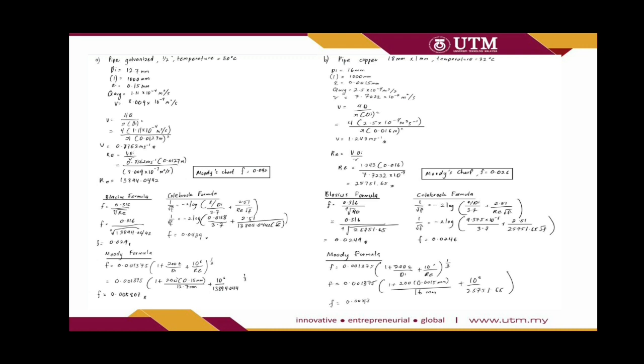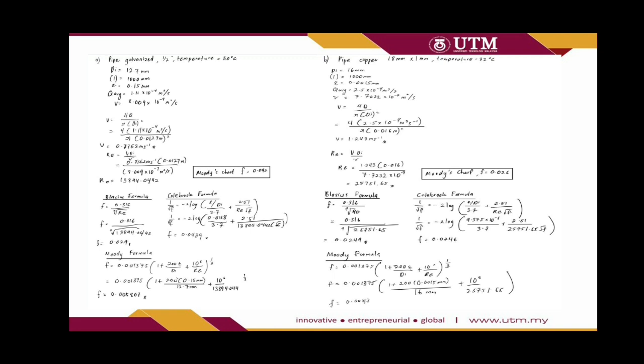And by using the Moody formula, F is equal to 0.001375 times 1 plus 200 epsilon over internal diameter plus 10 to the power of 6 over RE, all to the power of 1 over 3.